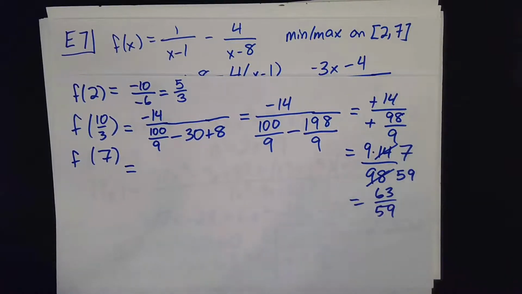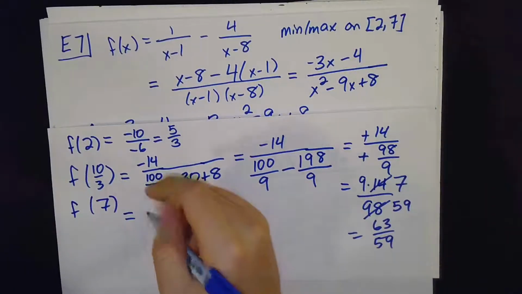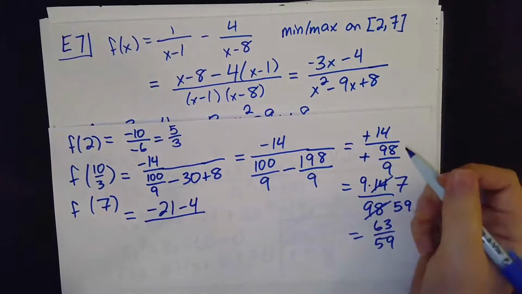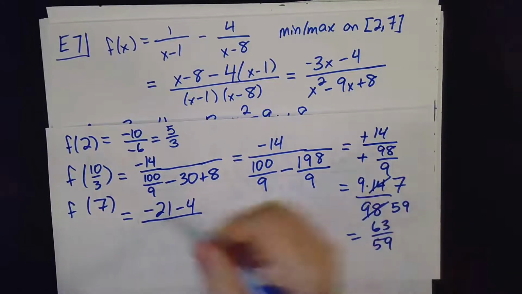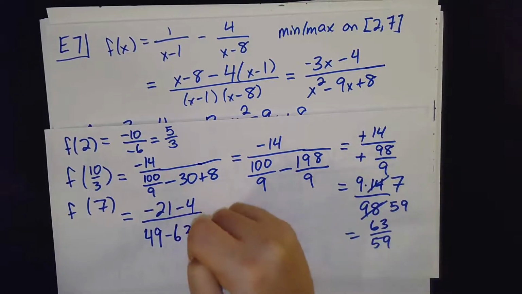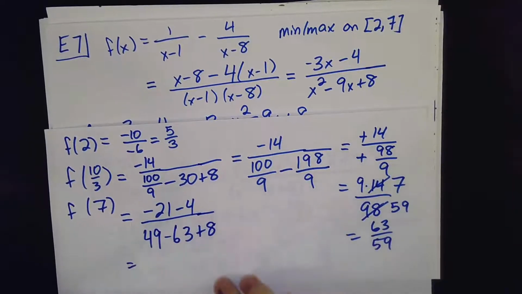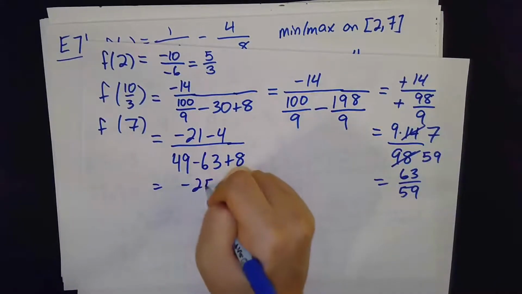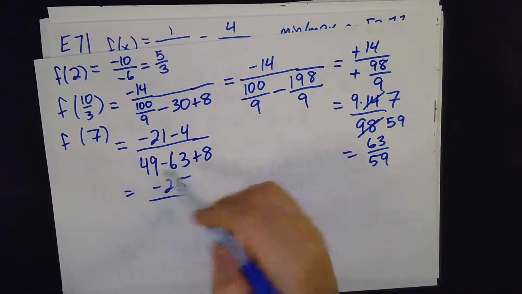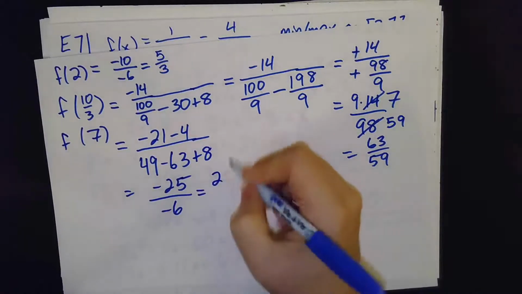And then f of 7 is going to be minus 21 minus 4 over 49 minus 63 plus 8, which is minus 25 over, let's see, that's 57, minus 6. Should be 25/6.